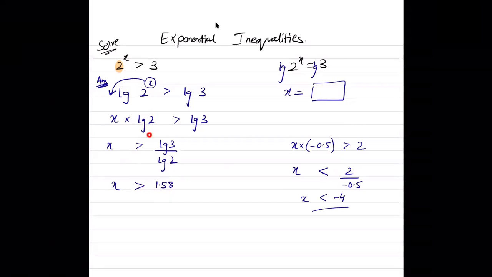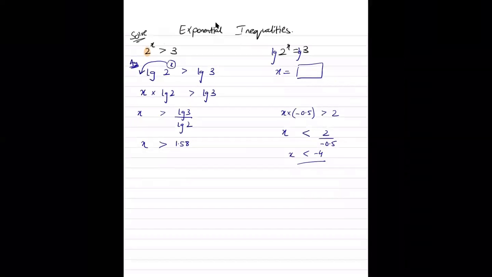What I mean to say is, if this number is a negative number and you divide or multiply by a negative number, then the sign of the inequality is going to flip. Okay, is that clear till here? Yes, sir.